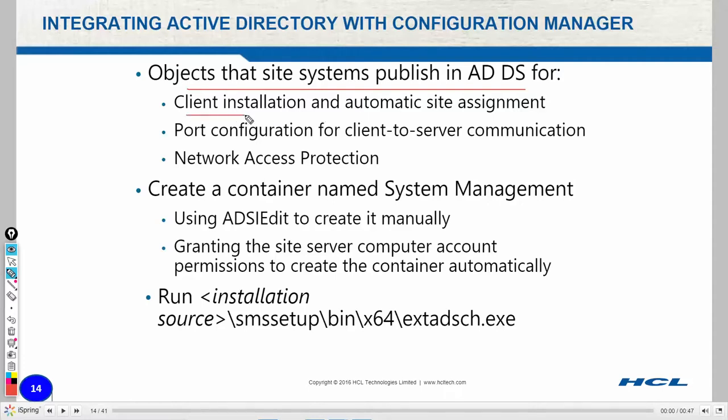Client installation and automatic site assignment: for client installation, we push an agent on the client machines, which is an SCCM agent, to manage those machines. We require port configuration for client to server communication. This server here is our SCCM server.